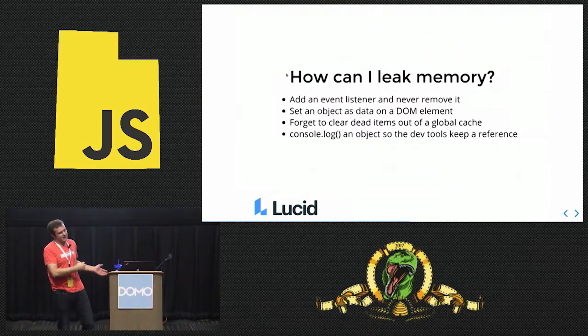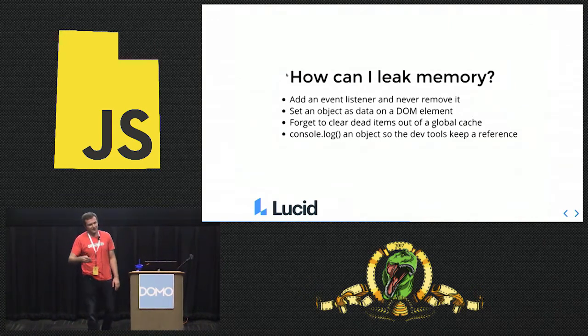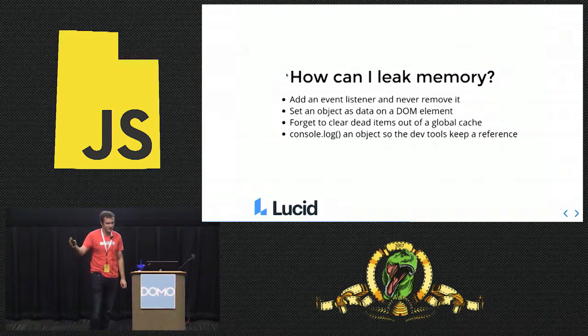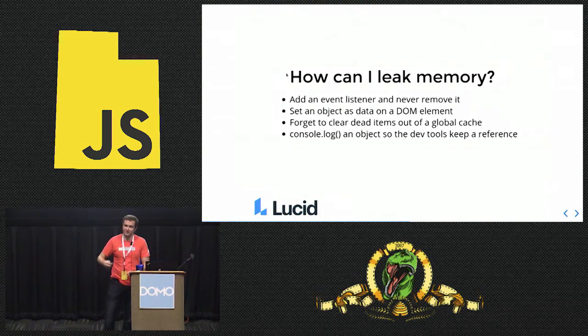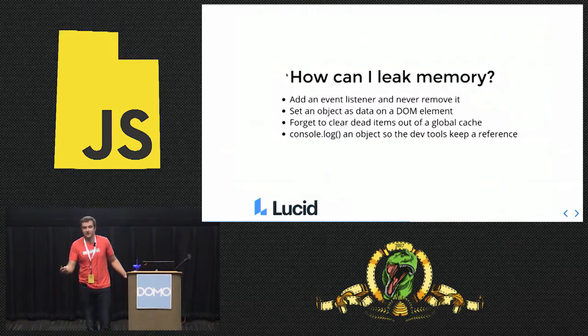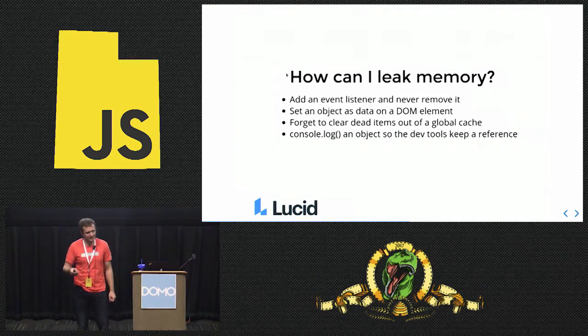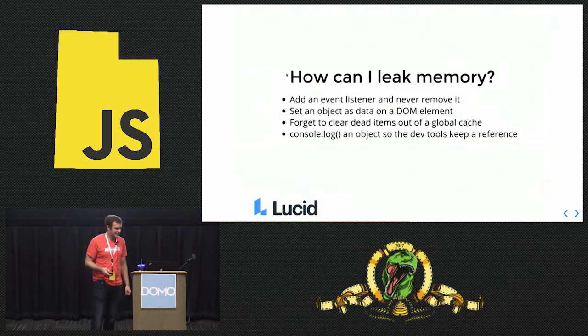That thing is part of your object, and your object lives on. You could set an object as data on a DOM element using something like jQuery. You could have like this global cache saying, I'm going to remember these calculated values, and forget to clear that out. And so even though there's a big piece of data that you're not using and haven't used in a really long time, it can remain in memory basically indefinitely.